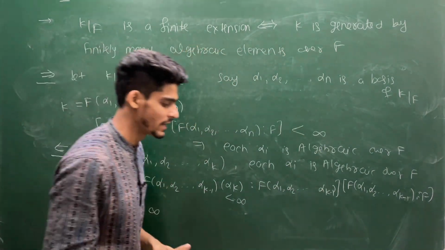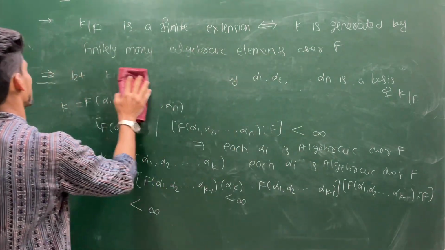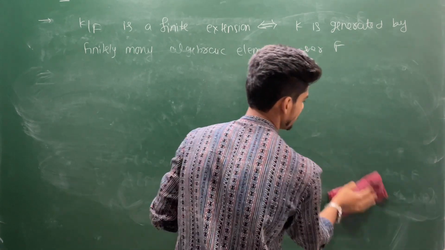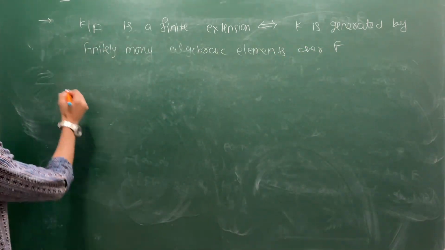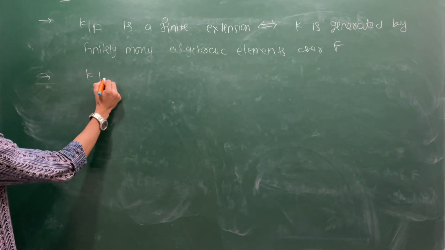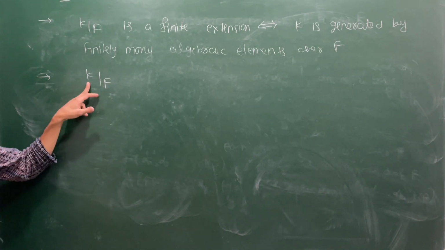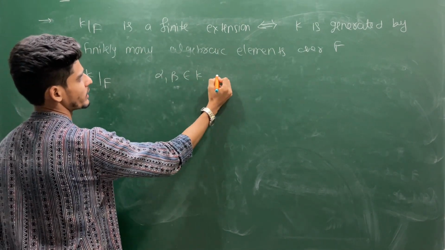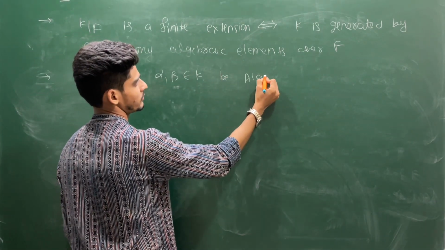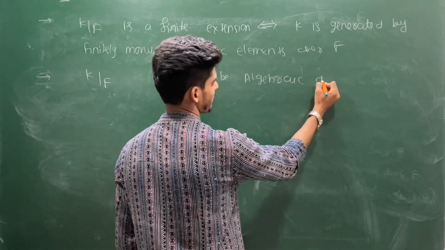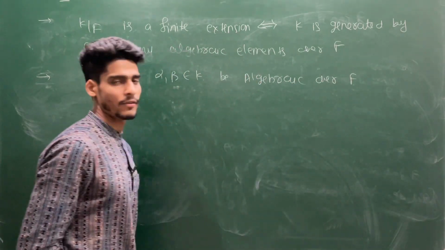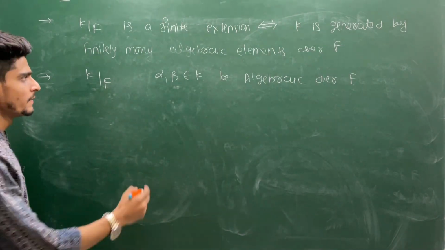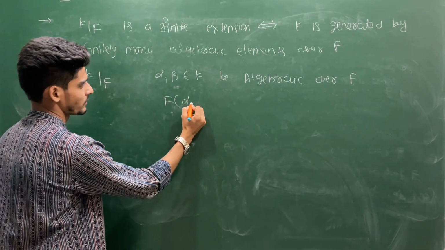And it has a very nice application. See, suppose K is an extension over F, and alpha, beta belong to K, algebraic over the base field F. If alpha and beta both are algebraic over F, then I choose this extension F(alpha, beta).